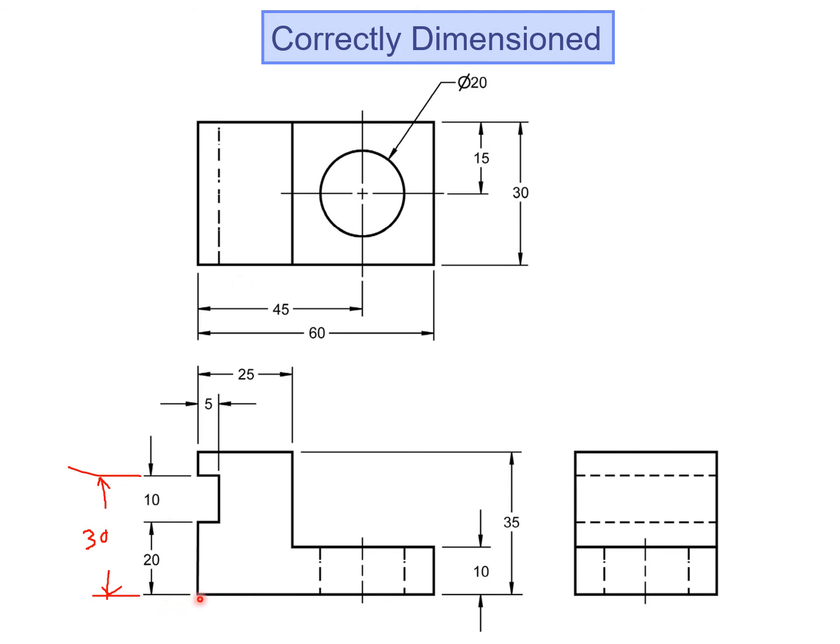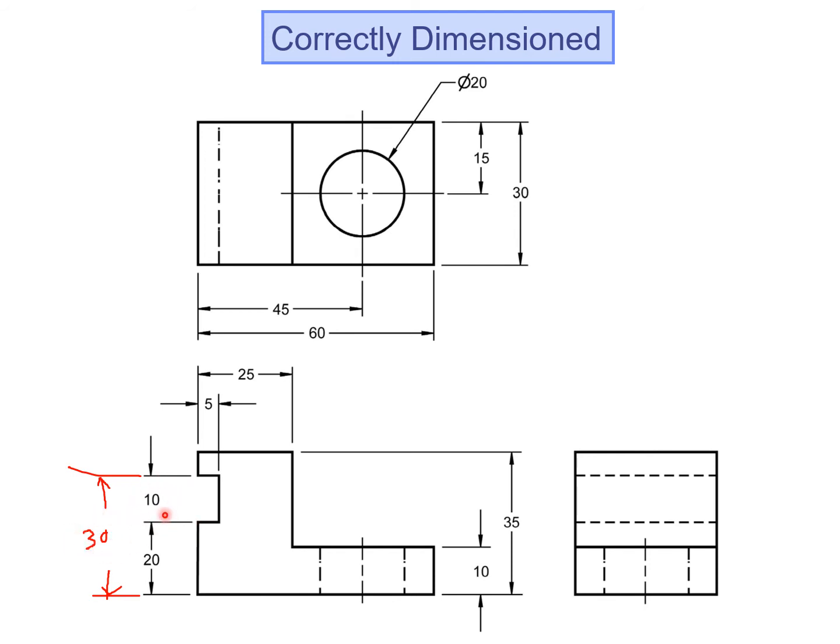So again, we're supposed to dimension bottom to top, bottom to the top of the slot. Now the reason we're not using the 30 and instead we're using the 10, it's because most likely something has to fit inside this slot and the 10 has priority over the 30. If there was nothing going inside the slot, then we would use 30 instead of 10.